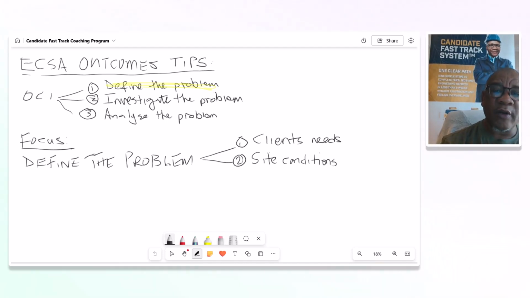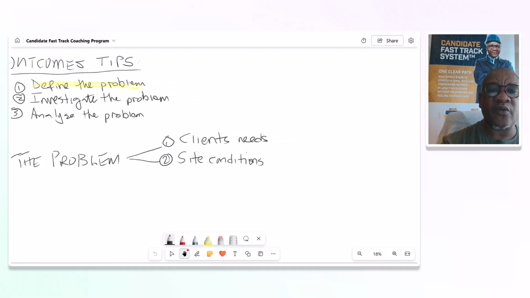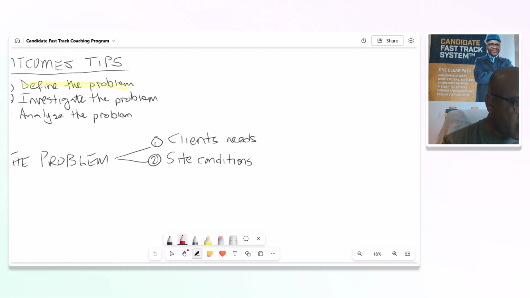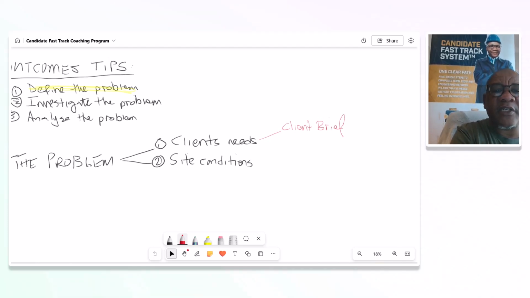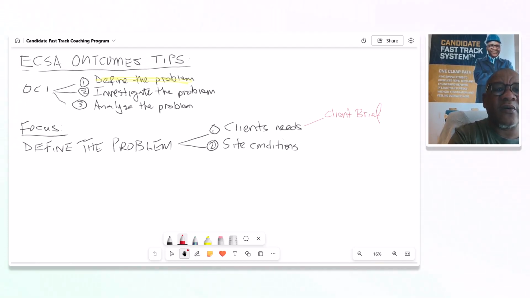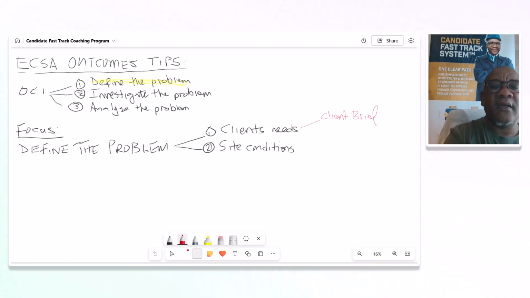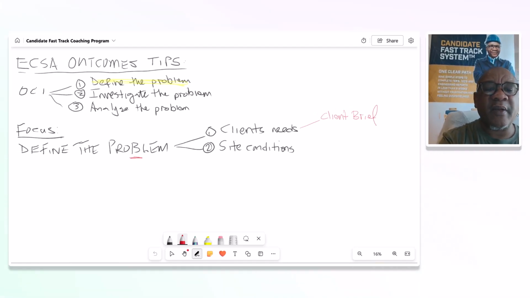Now, when you do these two things, one of the important things you need to do is look at the client's needs, the client brief. Understand what the brief is all about, because most of this information helps you understand the problem.